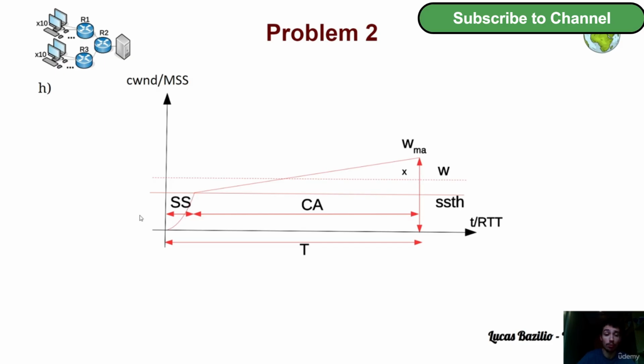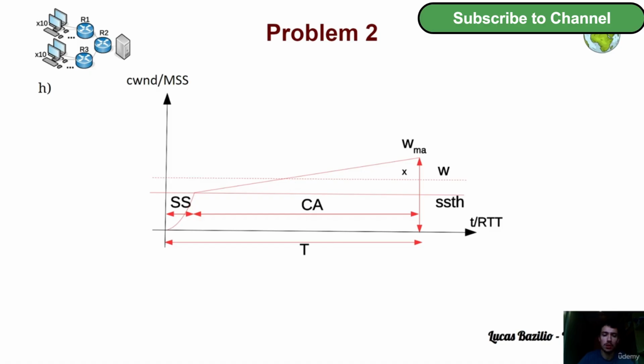As we evolve, we are going to be in the slow start phase, because the value of the congestion window is going to be less than this slow start threshold. As we can see, this is the value of the slow start threshold. Once we reach this slow start threshold, we go to the phase of congestion avoidance. And now, as we can see, the congestion window is incremented with a given factor. So we keep incrementing in the congestion avoidance phase.